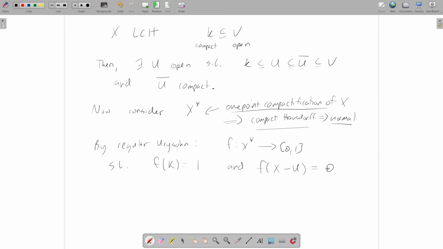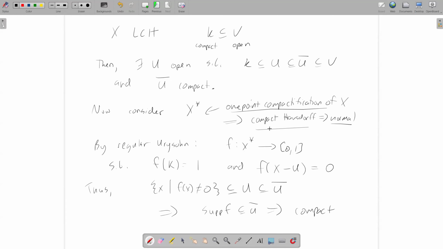So now we can observe that f is equal to 0 on the complement of U. So the set of x such that f of x is not equal to 0 has to be contained in U, which is contained in U closure, and therefore the support of f is contained in U closure and is therefore compact, right?